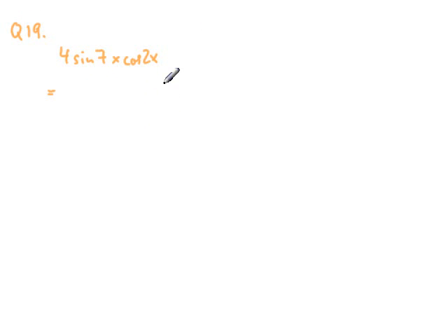and sine cosine is going to be, need the fraction bar first, sine 7x plus 2x plus sine 7x minus 2x, divided by 2, and then I forgot that 4 there, so there it is.